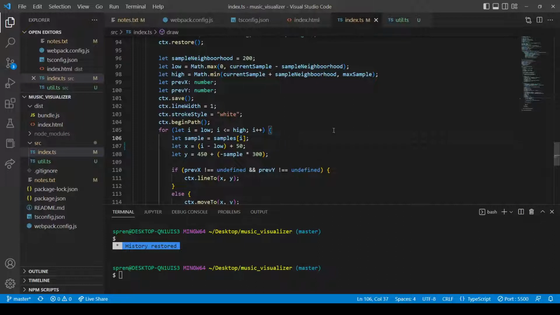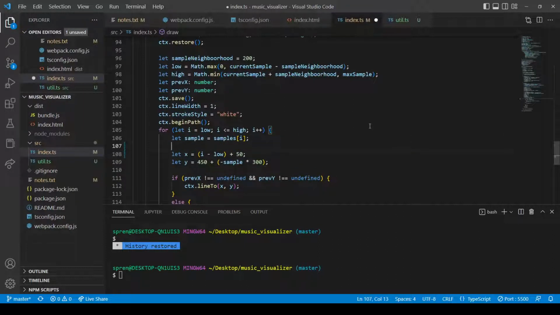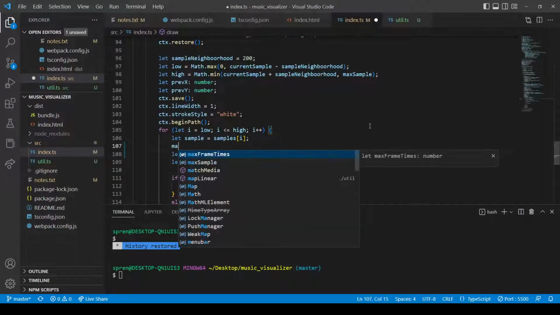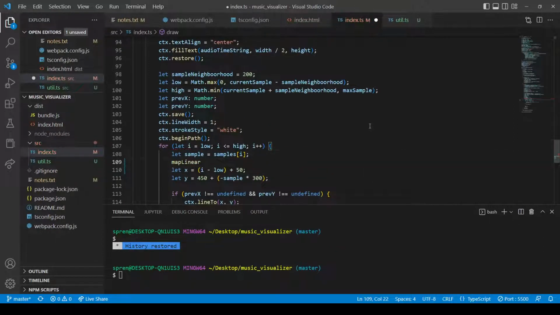So I can come over here and use my magic map linear function and do something. I want to take this I and map it into the X space. So I know that I is always going to be between low and high.